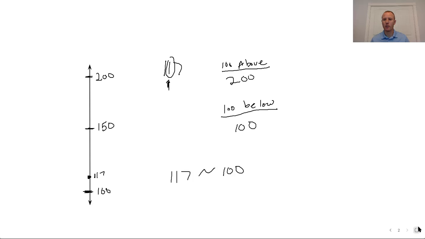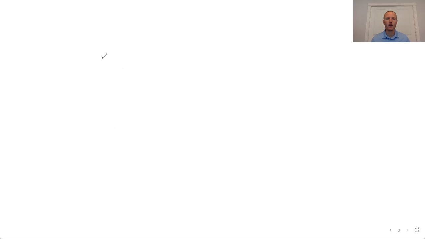Let's take a look at another one. We're going to do 156. So let's draw our vertical number line for that. We'll put our marks on here that we're going to label in just a moment. So 156, the 100 above.